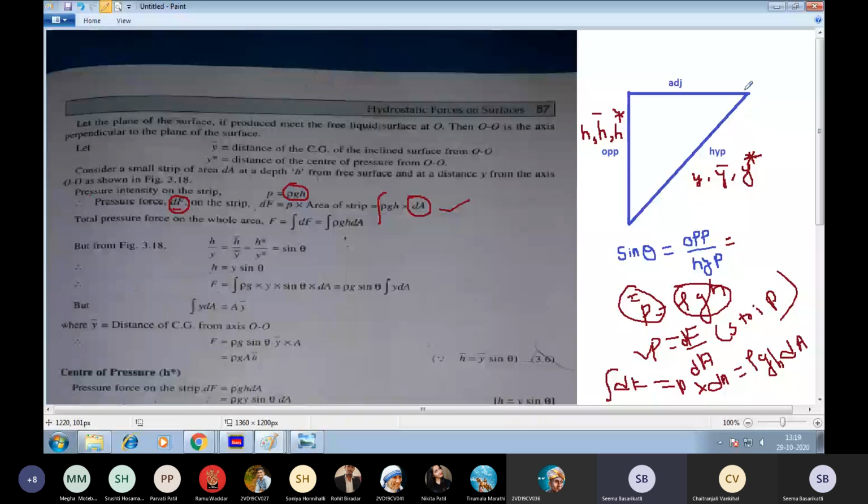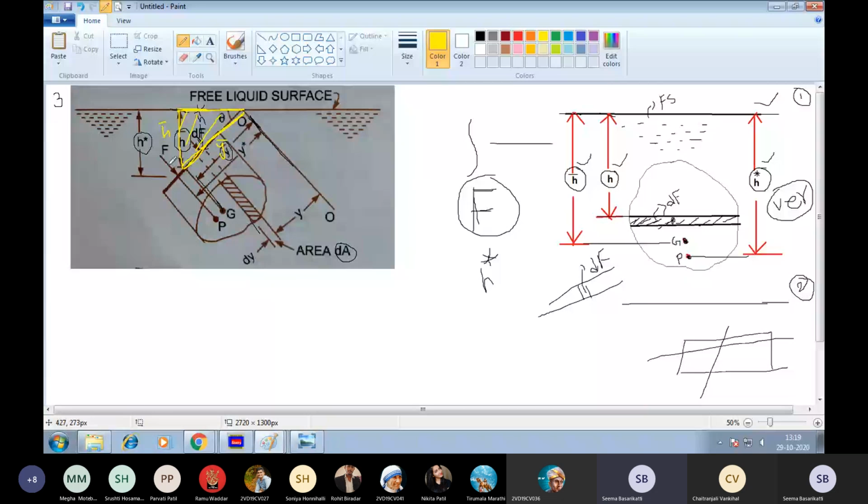Again, from this height h star, if you erect a line, it will show you a right angled triangle. Simultaneously, from h, if you erect a perpendicular and join a line, you are going to see three right angled triangles here.